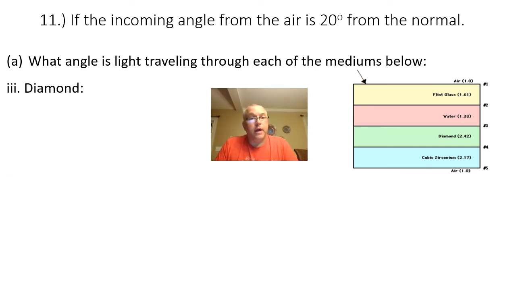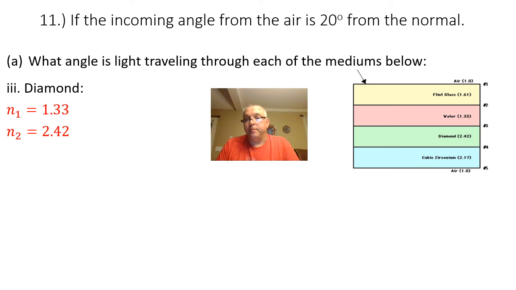Now to find my angle of refraction going into the diamond. So now we're going from the water into the diamond. My incident medium is the water, and that has an index of refraction of 1.33, so n1 equals 1.33. The diamond, which is n2, has an index of refraction of 2.42.